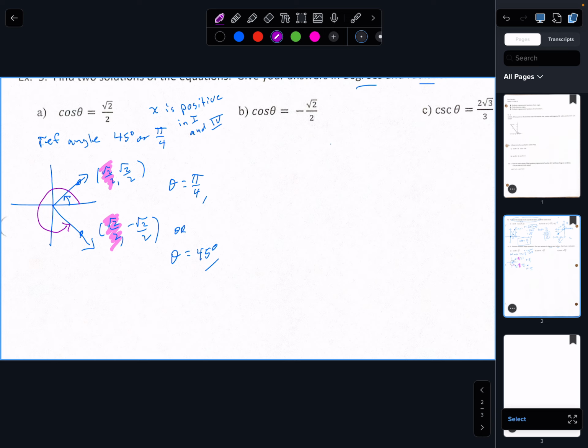It's 1 pi fourth short. In the quadrants, you get the odd multiples of pi fourths: 1 pi fourth, 3 pi fourths, 5 pi fourths. So the fourth quadrant is 7 pi fourths, 315 degrees. 45 degrees short. Those are your solutions.